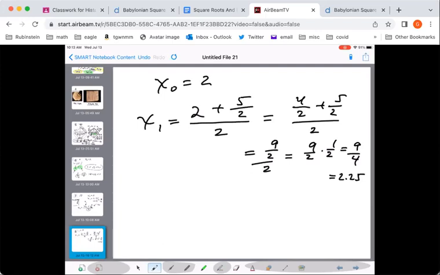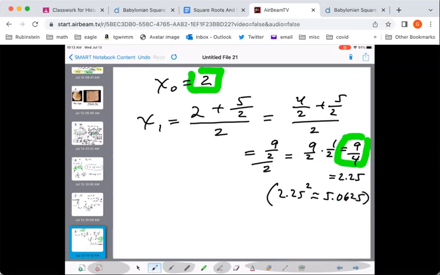So now we have our original approximation and our better approximation. You could check it out. I have a calculator here. 2.25 squared, I'm just going to make a note for us in parentheses, is 5.0625.